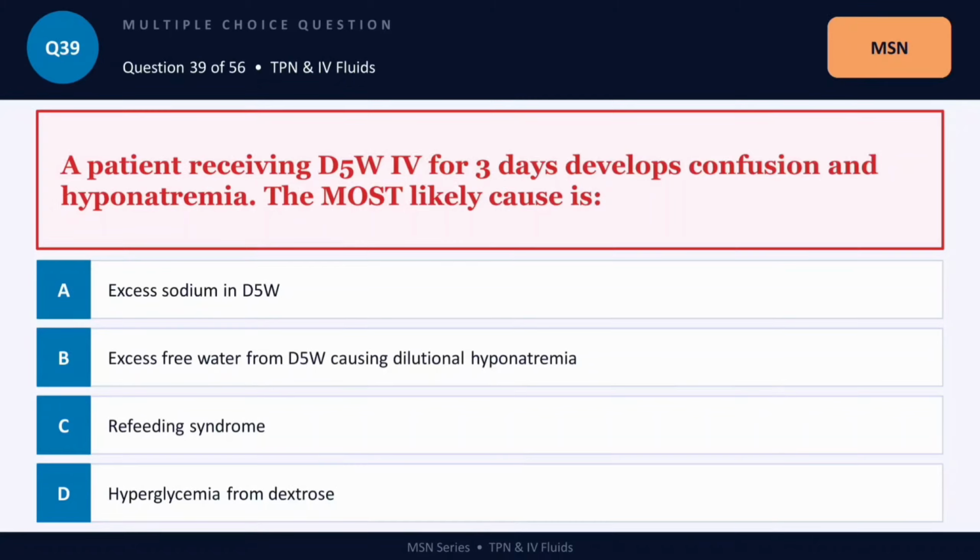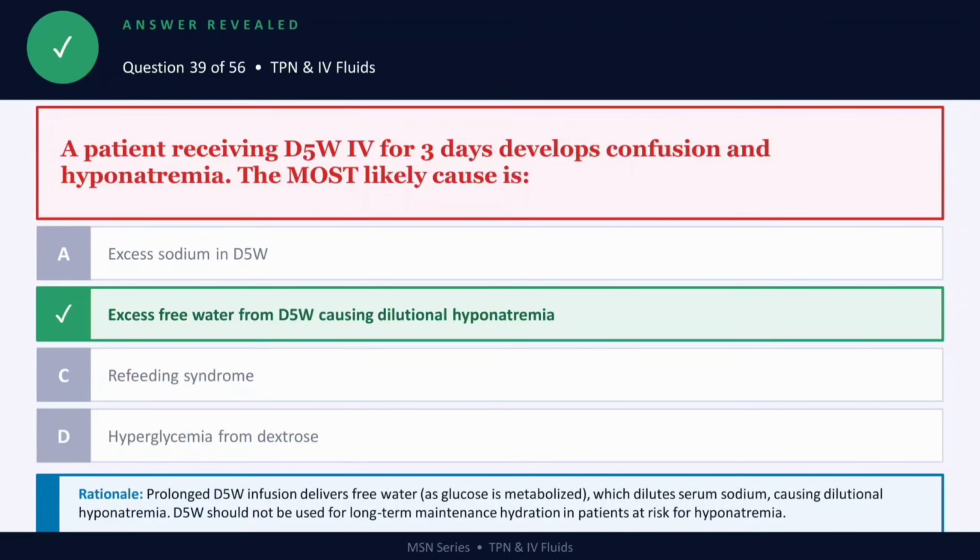Option B, excess free water from dextrose 5% in water causing dilutional hyponatremia. Option C, refeeding syndrome. Option D, hyperglycemia from dextrose. The correct answer is option B.